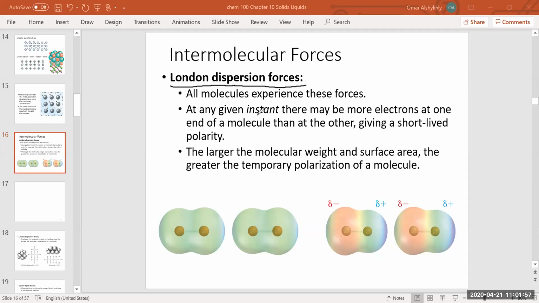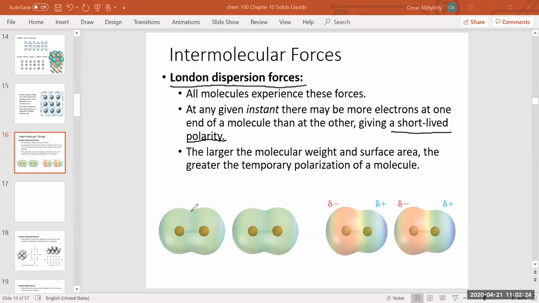At any given instant, there may be an electron at one end of a molecule, then the other end, giving a short-lived polarity. The larger the molecular weight and surface area, the greater the temporary polarization of a molecule.